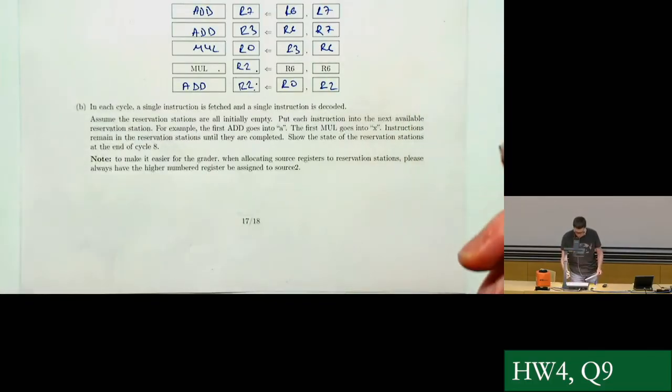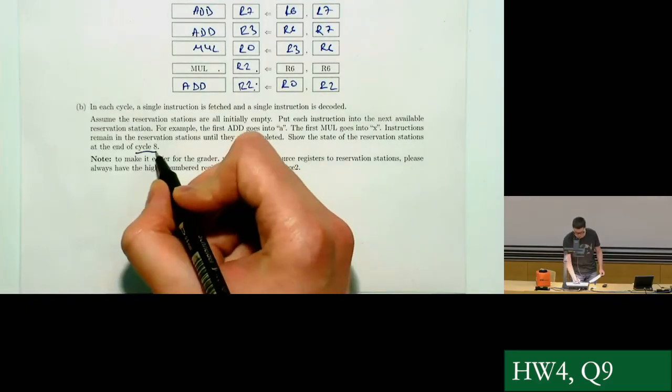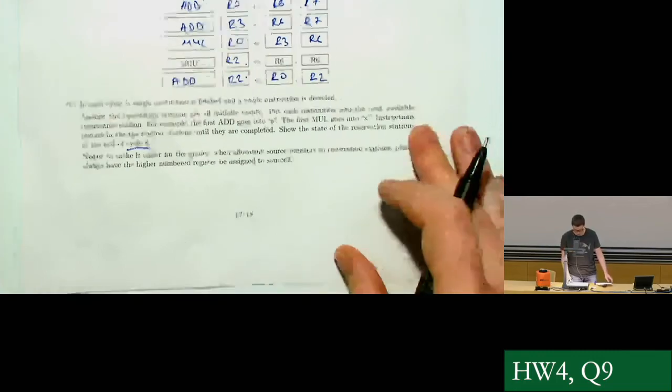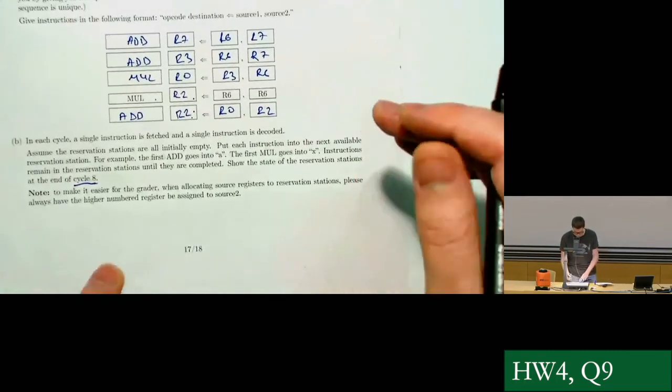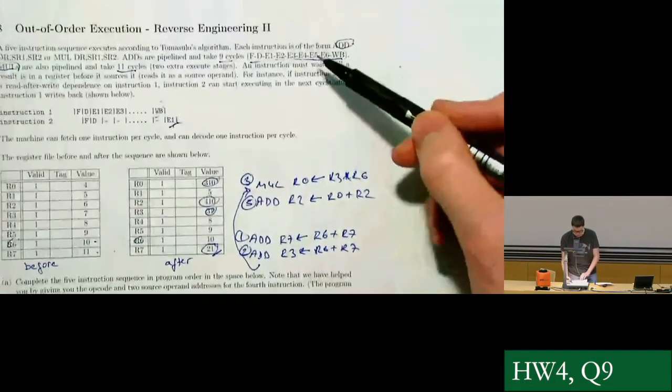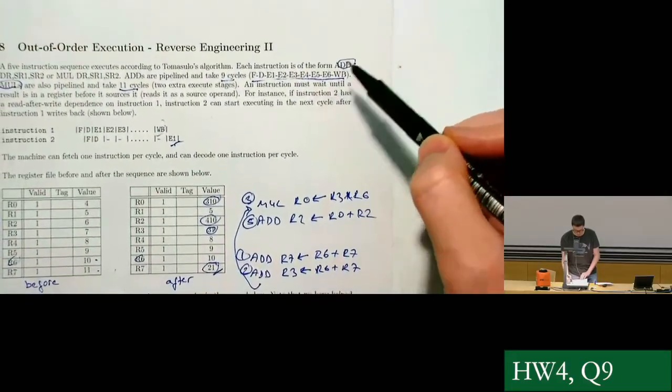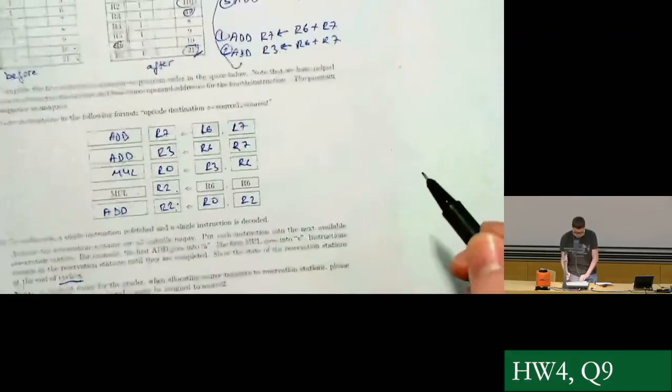One thing I forgot to say, it is asking specifically about the state at the end of cycle 8. So actually first it will be better to figure out what has happened inside the processor until cycle 8. Here in the beginning, we were given these stages that the addition and the multiplication go through.